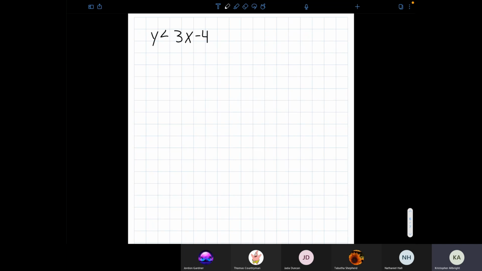The answer is you start from where you put the dot. So start from -4 when you're graphing your rise over run. -4 goes on the y-axis because it's your y-intercept.